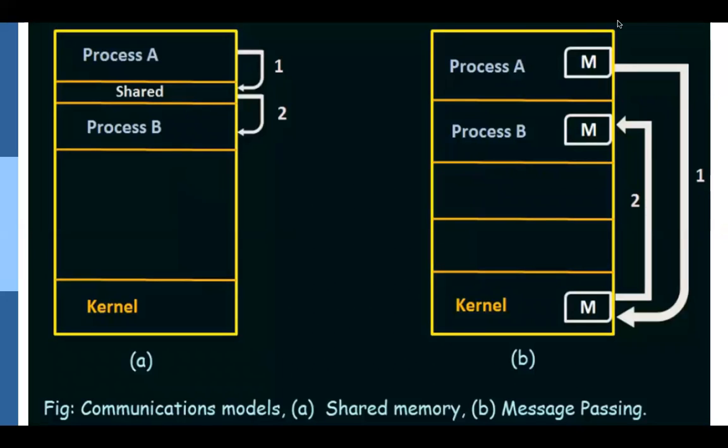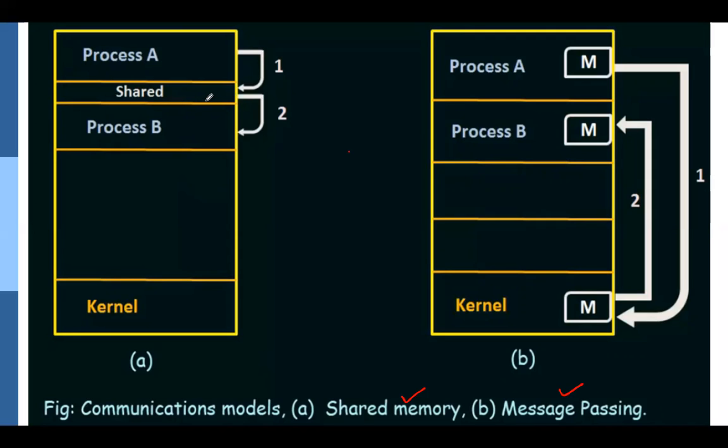Let's see these models in detail and try to understand them. The first model is called the shared memory model, and the second model is called the message passing model. So let's talk about this. In the shared memory model, we have a process A and a process B, and both are sharing one memory resource, in which process A is writing something and process B is reading something from the same shared memory space.